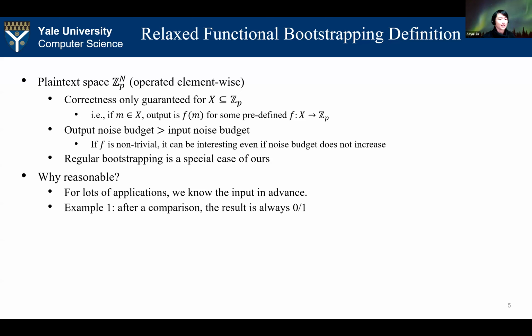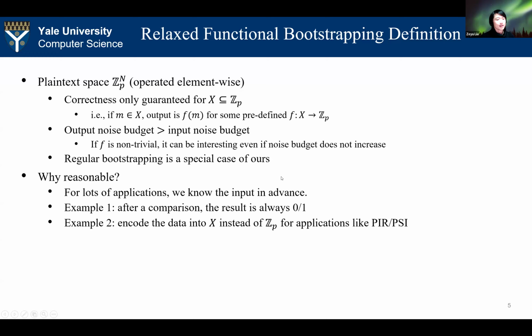But you will know in advance that this result will either be 0 or 1, indicating greater or smaller, something like that. So in this case, you do not need to worry about other kinds of inputs. The second example is that for some applications like PIR or PSI, we can encode the data in advance. So we can encode this data to be within this set X instead of Z_p.